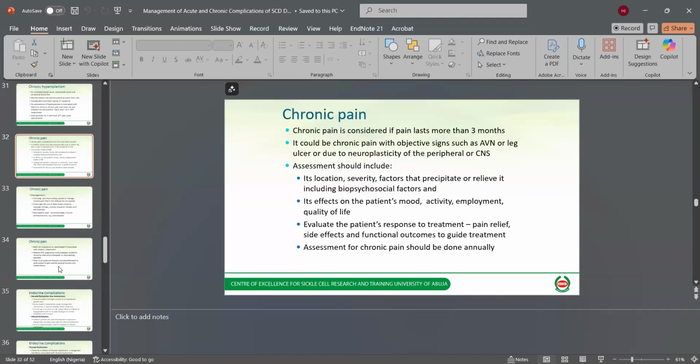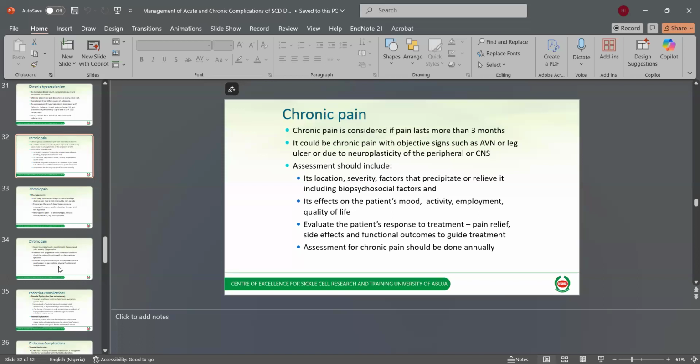So for chronic pain, splenectomy is considered if pain lasts more than 3 months. It should be chronic. It could be chronic pain with objective signs. It could be somatic, due to organic causes, such as avascular necrosis or chronic leg ulcer.